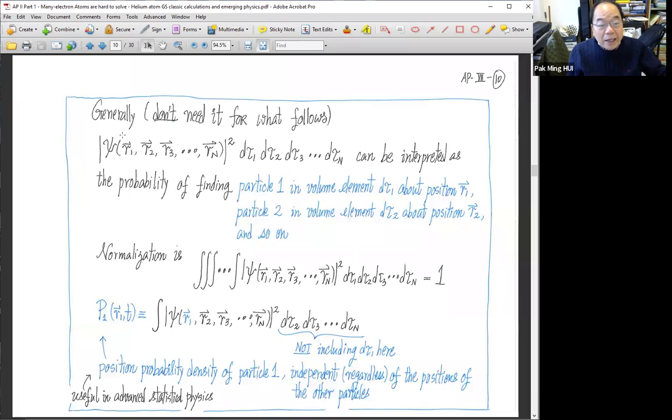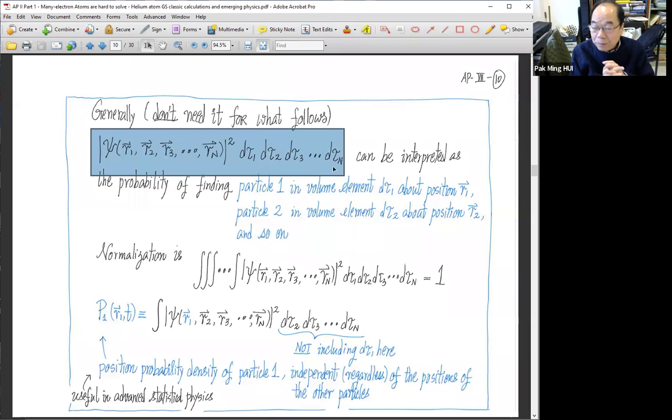So extending our discussion from 2 particles to n particles, the interpretation following Born's interpretation would be, this is the probability of finding particle number 1 here in a small box d tau 1, number 2 here, R2, small box here, and so on.